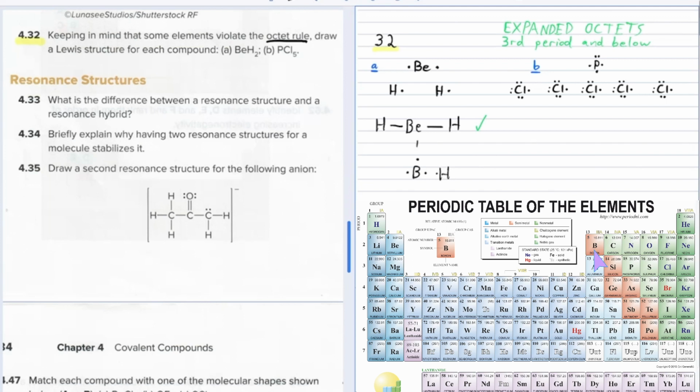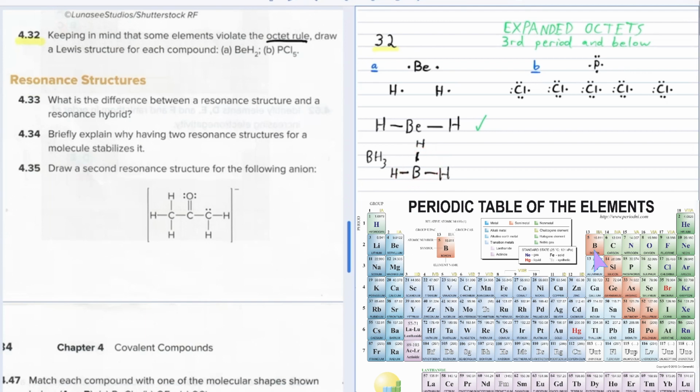If you were to draw the Lewis structure for BH3, it would look like this. That's how you would start it, and then connect the bonds. And that's the correct structure for BH3. And that also violates the octet rule with less than 8 electrons. This has a hextet, I guess you could call it.